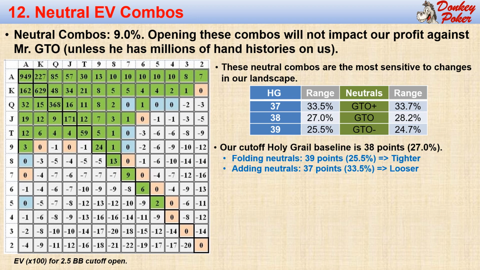But we might want to consider adjusting our Holy Grail opening index by folding the blue combos. If we use a 39-point index, our range would decrease to about 25.5%, which is just slightly wider than folding the blue combos. But if we want to widen our range by including the tan combos, we could use a 37-point index.